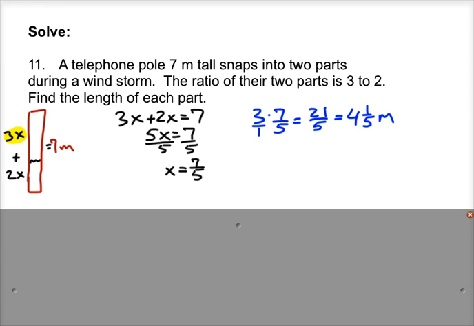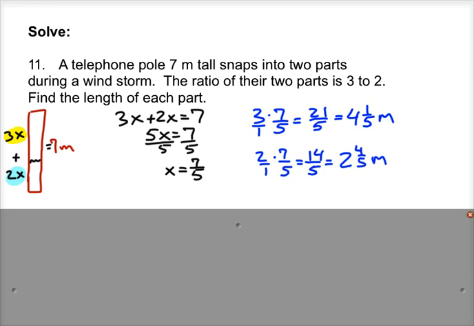And if I look at the bottom portion now, the bottom portion is 2x. So I really need to take 2 times the value of x, which was 7/5. Well, that's going to be 14/5. And I know 14/5 is the same as 2 4/5.